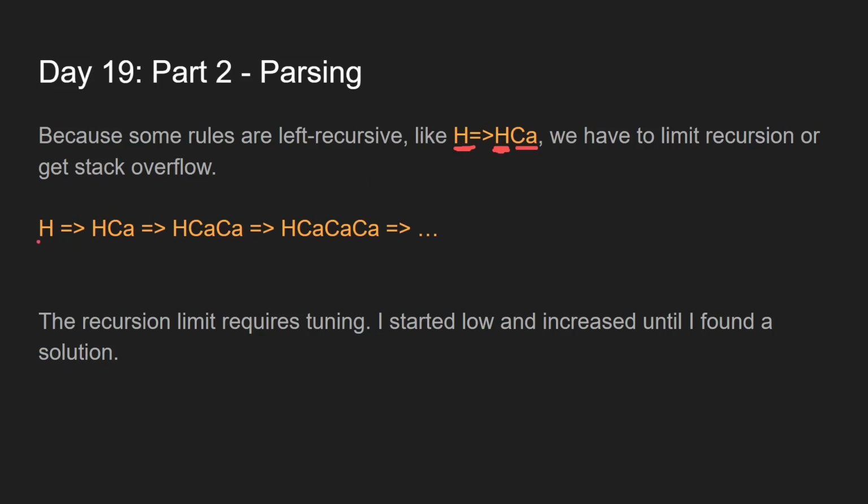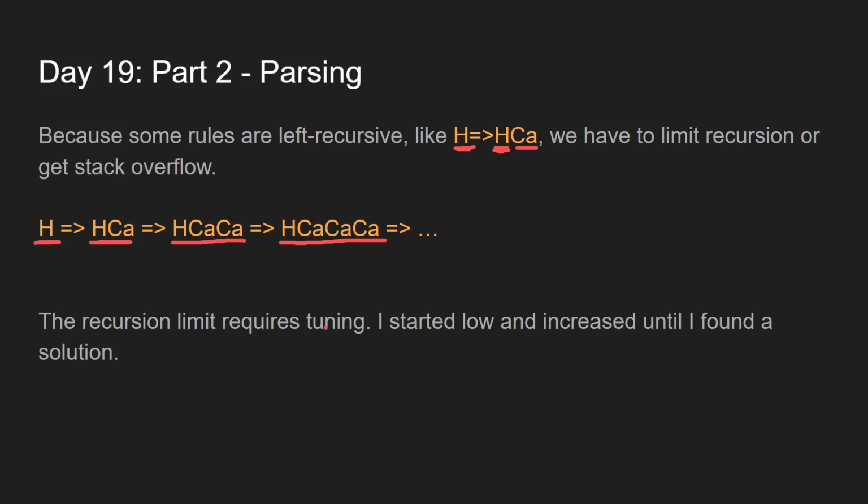So if we start from H, then we can obtain HCA, and then we can replace H again, and we get HCACA. We can replace H again, and then we get this thing, and it keeps growing and growing, and it keeps going infinitely. So if we add a recursion limit instead, then we can prevent this infinite recursion problem.